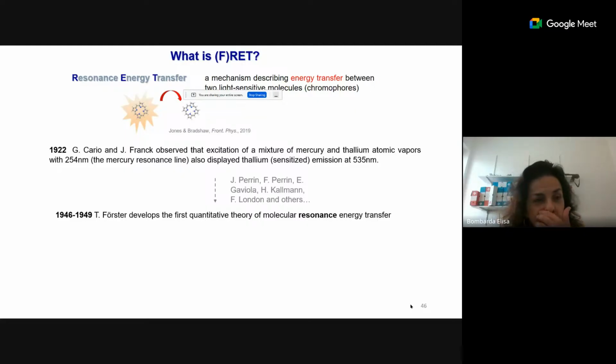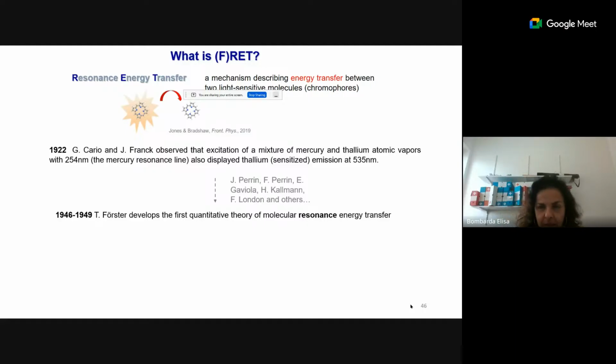It was first observed in the beginning of last century by Cario and Franck, who observed that the excitation of a mixture of mercury and thallium atomic vapors with the 254 nanometer mercury resonance line displays thallium emission at 535.